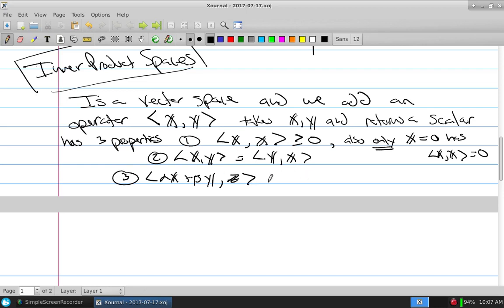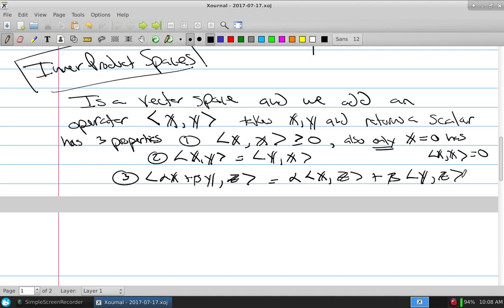What should happen is it's the same as saying that it's a linear combination of the angles with x and z, plus beta times y and z. The angle contribution between x and z and a resultant vector is the same thing as the linear combination of x and z and y and z with the exact same scalar values. Now you can check that the normal scalar product did all three of these.